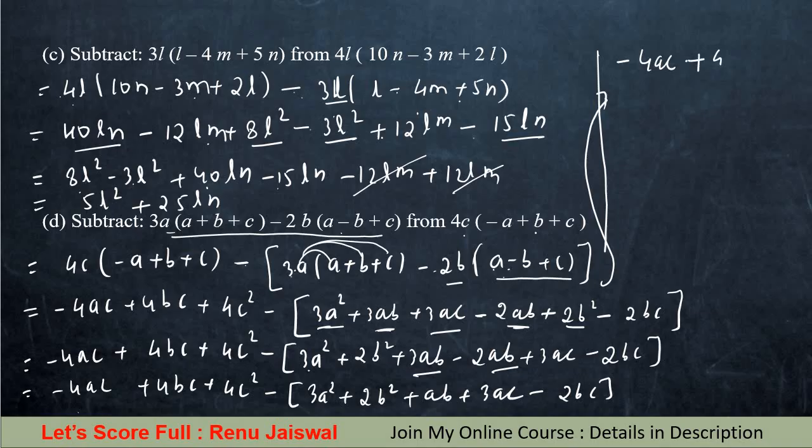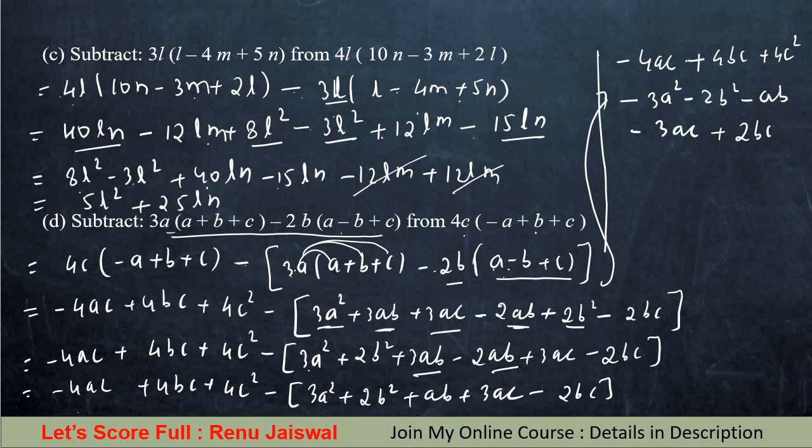I can take a different slide, but it will take so much transferring of the data. Now change the sign inside. So these 3 are positive, 4 are positive. I'll write negative sign. 3a square, 2b square, minus ab, minus 3ac, and the last term is positive.